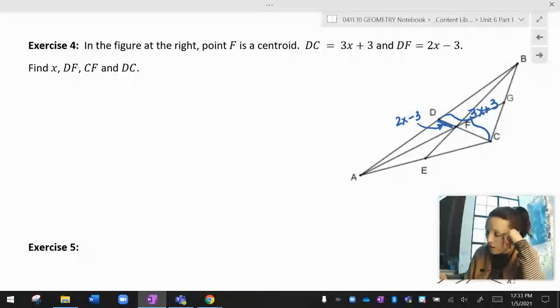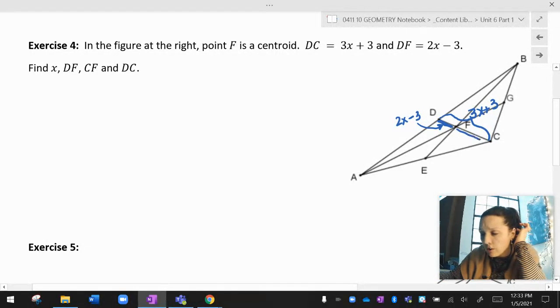Okay, well, couple different options here. Option 1, you remember that like 1/2 double rule. The part that goes to the midpoint is half as long as the part that goes to the vertex. So if this is 2x minus 3, that would have to be 4x minus 6. That's helpful.